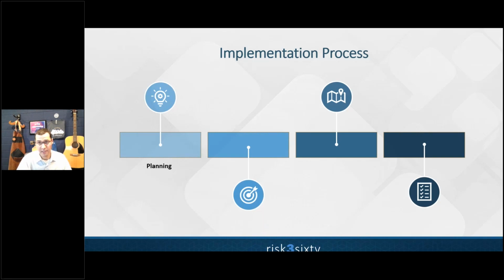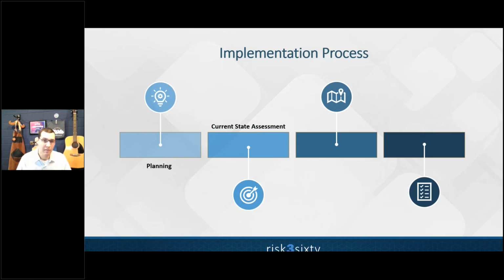So in the planning process, that's a chance to talk through your reasons for certification, your business drivers, and what customers and interested parties are expecting from the certification process. Here we also identify stakeholders, and make sure that we understand exactly what we're looking to achieve through the process.